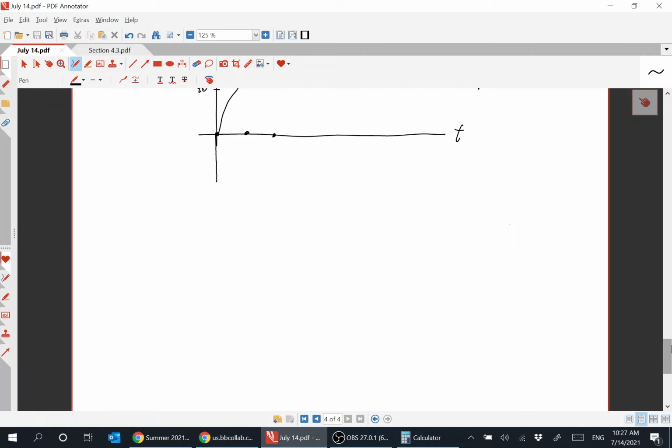Well, that's very much similar to what we just did. So I'll let you take a look at that one. 27. Yeah, 27 is similar to that. But let's move on to section 4.3 at this point.